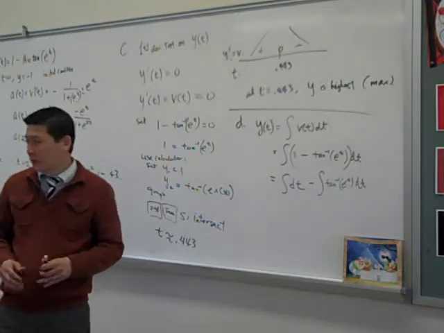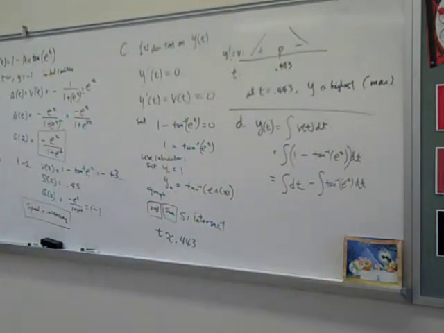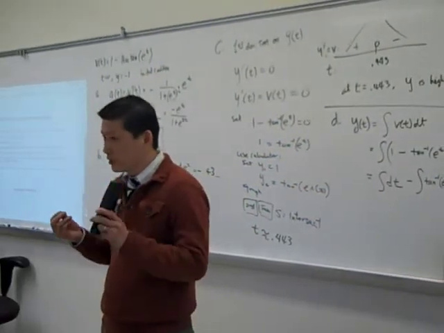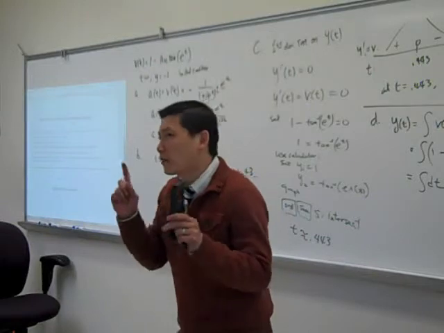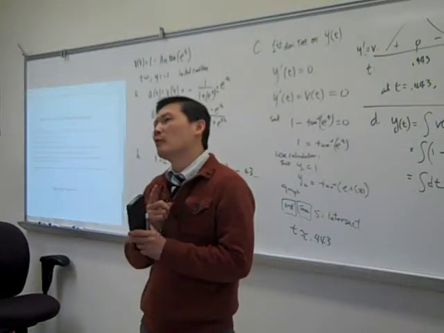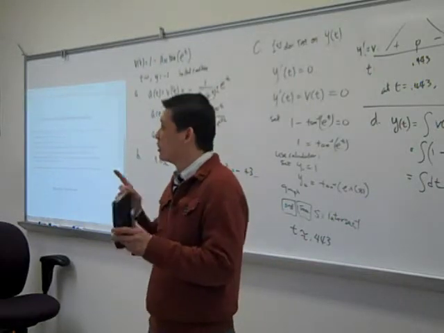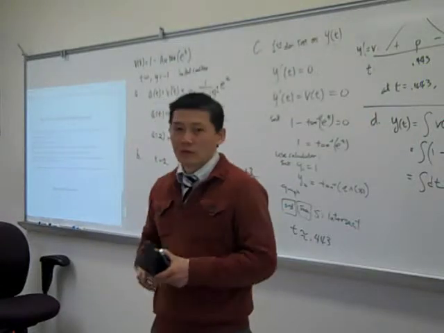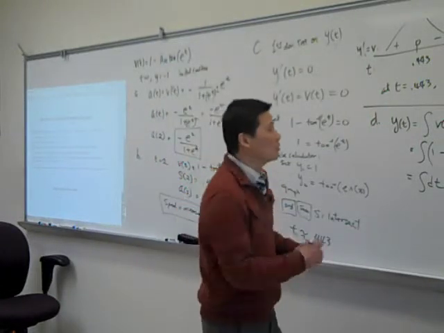What do we do? Right now this is where we have to consider strategy. This is number 3, so that means you can use a graphing calculator. A graphing calculator cannot solve an indefinite integral, but it can solve a definite integral. So instead, I wouldn't do it this way.